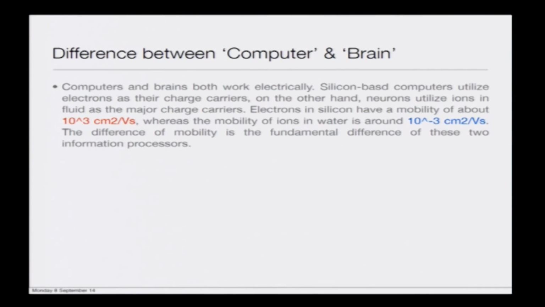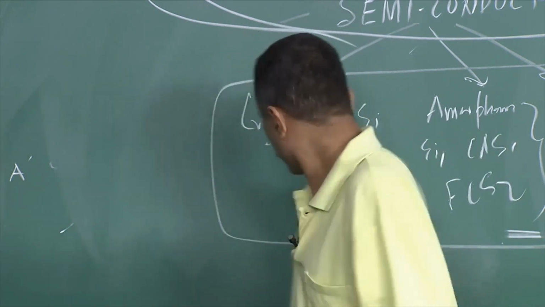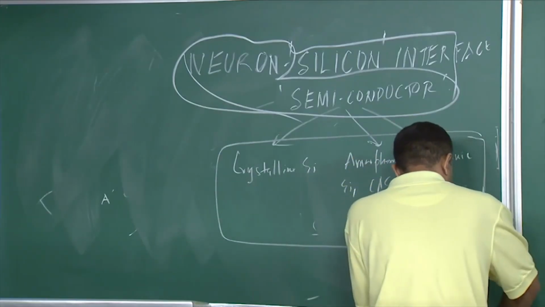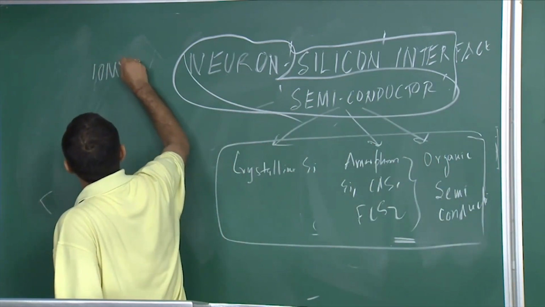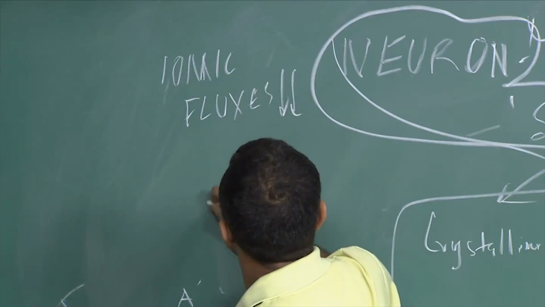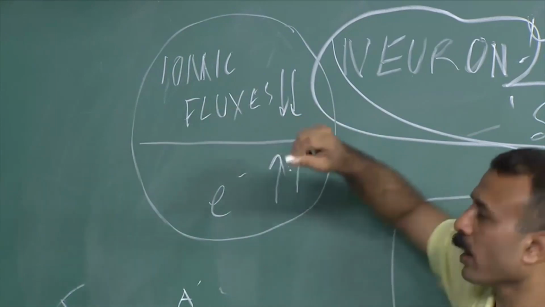Now, if you see the speed, that is stunning on the slide. Electrons in silicon have a mobility of 10 to the power 3 meters square, okay? Whereas, the mobility of the ions in water is far, far less. See the difference in the speed. Ionic fluxes are, as I was showing previously while putting it down on the board, extremely slow in speed.